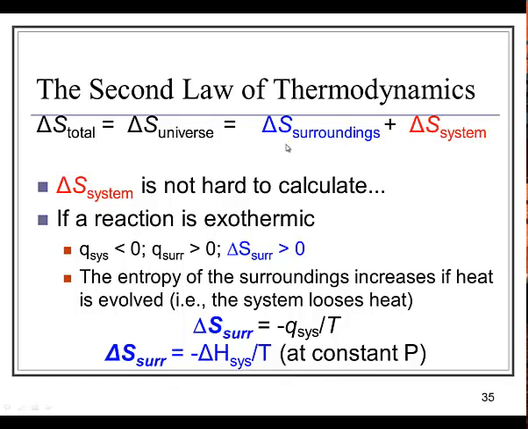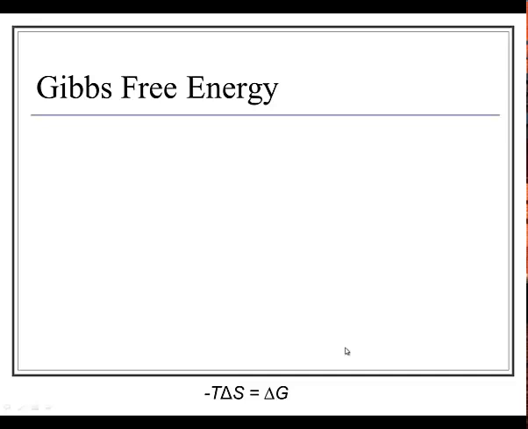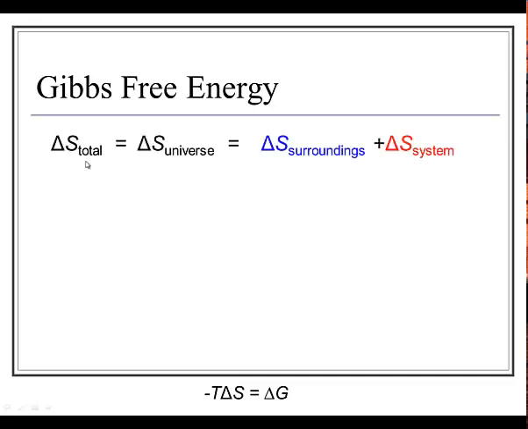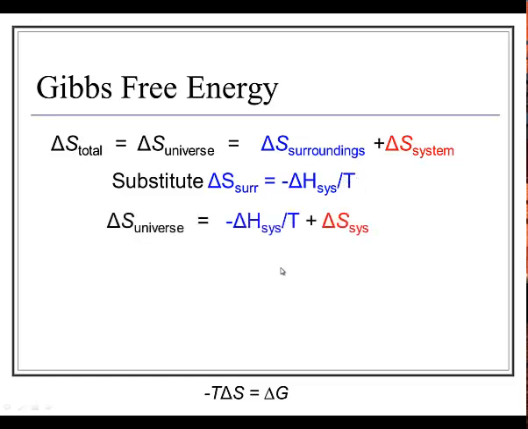And what we're going to do is substitute this term for the delta S of the surroundings just to get everything in terms of the system. The delta S total, the delta S for the universe, is equal to delta S for the surroundings plus the delta S for the system. We make the substitution, where delta S for the surroundings is equal to minus delta H for the system divided by the absolute temperature.